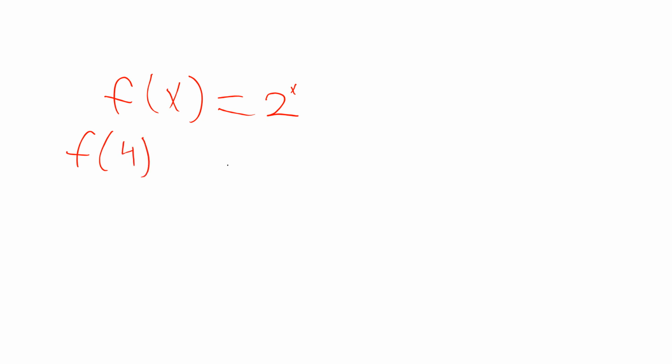Again, this is pretty simple. Plug in a 4 here. 2 to the 4. You can just do it out. 2 times 2 is 4. 4 times 2 is 8. 8 times 2 is 16. So f of 4 is 16.